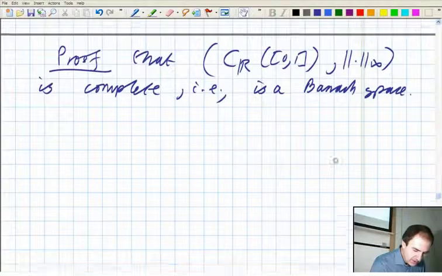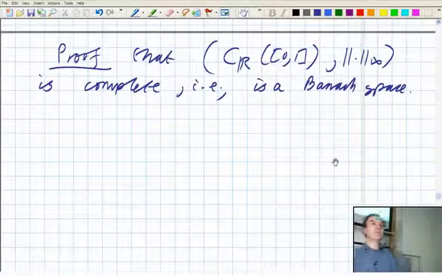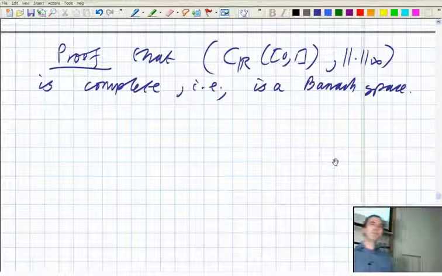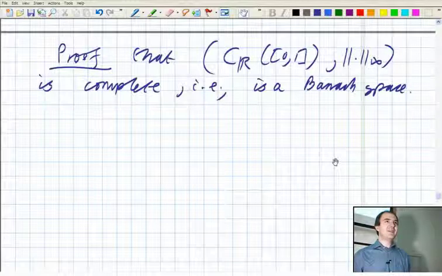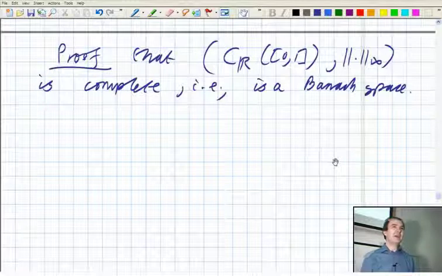We have available the fact that a uniform limit of continuous functions is continuous. So what we're going to do is take a Cauchy sequence of continuous functions and prove that it converges uniformly to something. It will then follow that the thing it converges uniformly to is, in fact, continuous as well, and that the sequence converges with respect to the uniform norm.